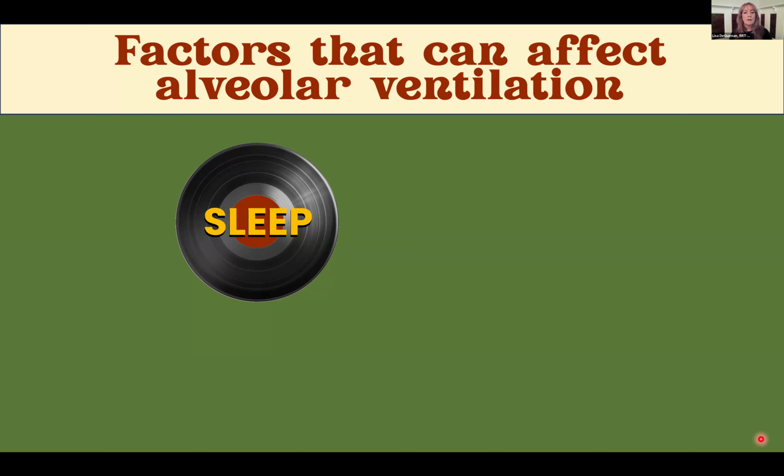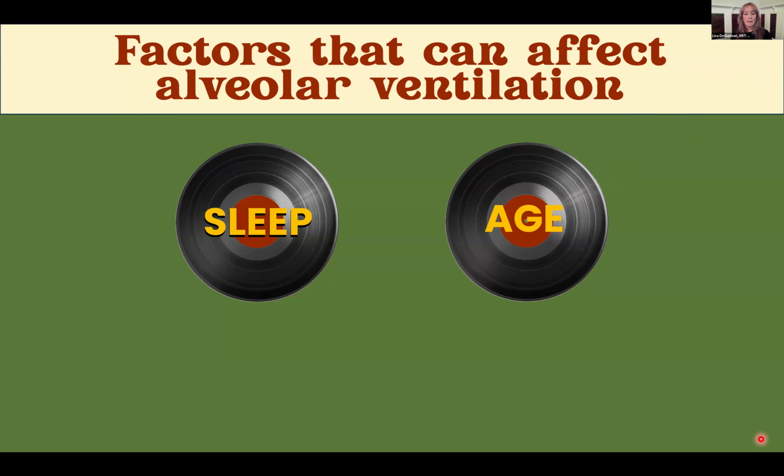We're always wanting to see REM supine sleep because that's typically where we see the worst of it. Although you will have patients that do poorly in other stages and then completely improve in REM, typically REM is the worst. So sleep in and of itself can cause problems with alveolar ventilation.